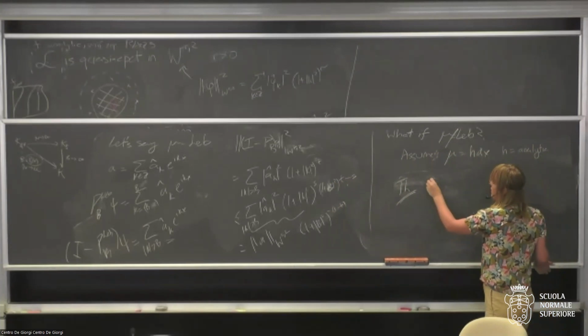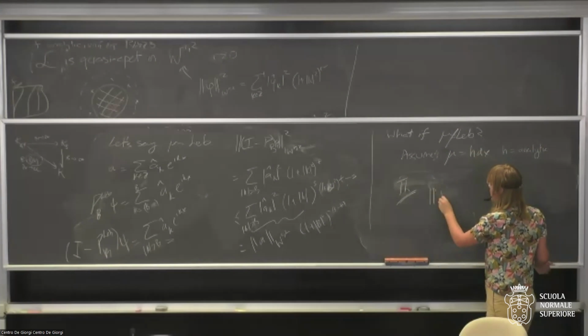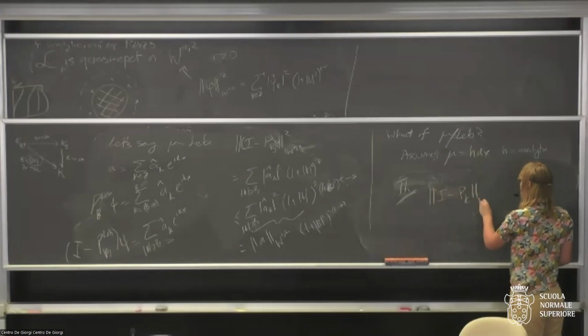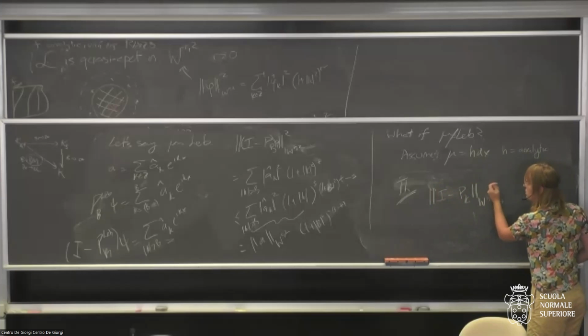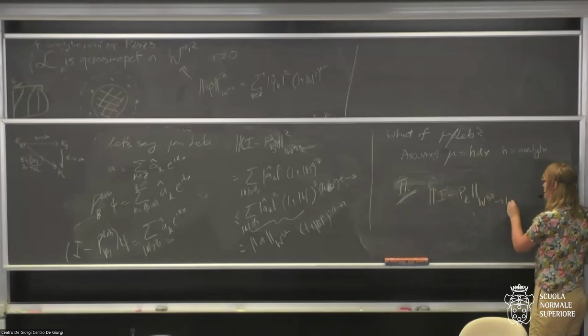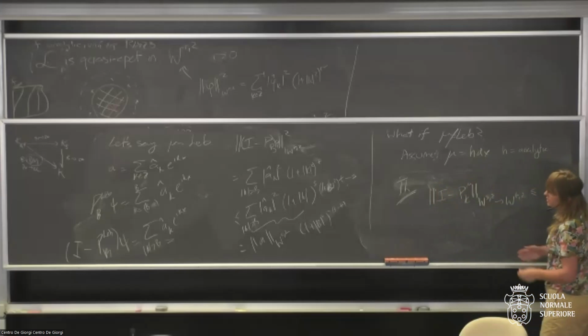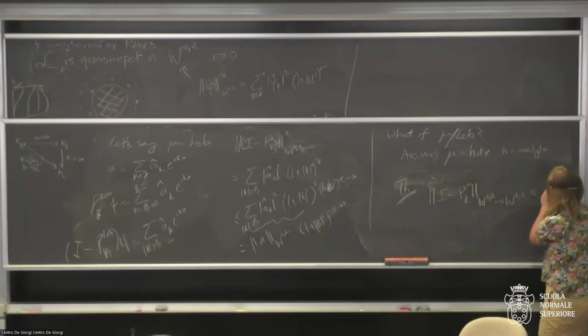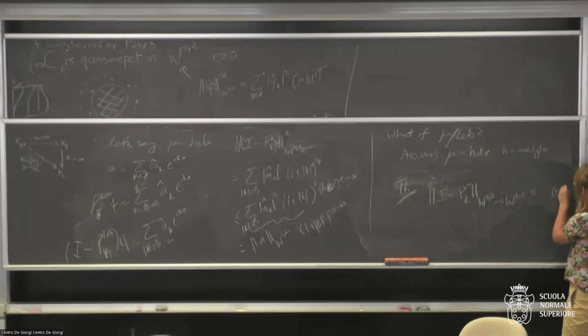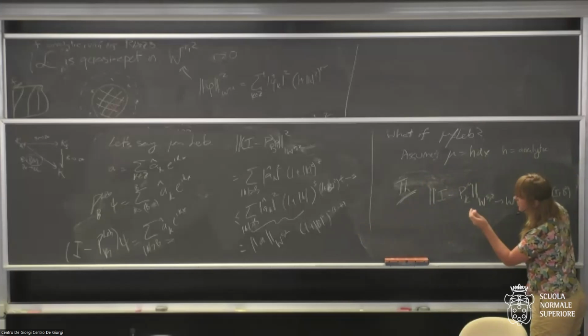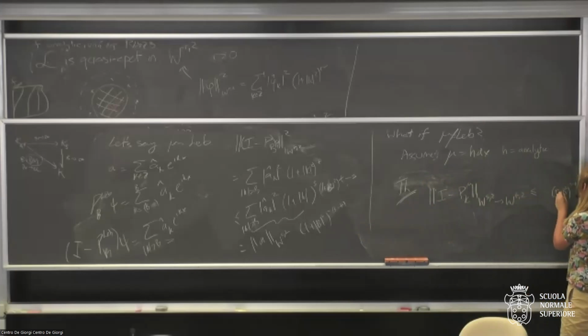The theorem is that the norm of I minus P_K from W^s_2 to W^t_2 with respect to this measure is less than this guy. So it's the same thing. It's as good as Fourier approximation, up to some constant, with the exponent minus (s minus t).